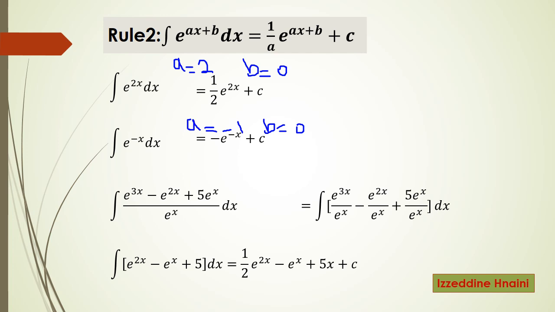When we have e^a over e^b, we subtract the powers, so we get e^(2x) minus e^x plus 5. The antiderivative of e^(2x), here we apply this rule, is 1 over 2 e^(2x), and the antiderivative of e^x by rule 1 is e^x, and the antiderivative of 5 is 5x plus C.